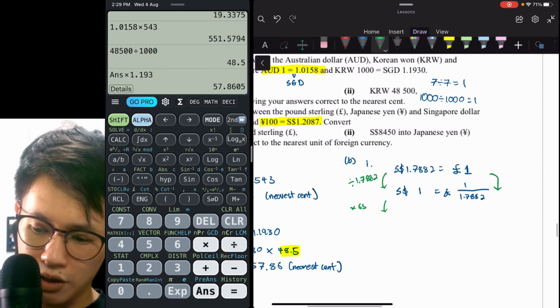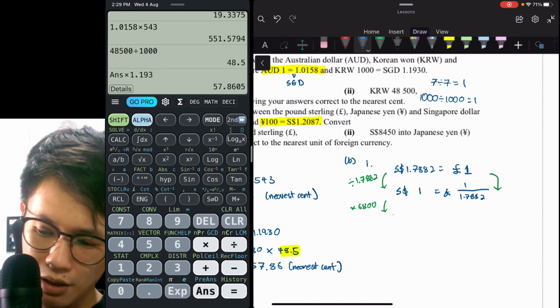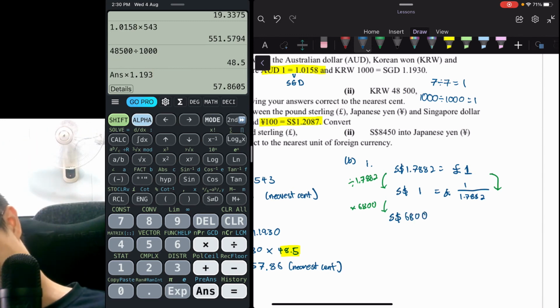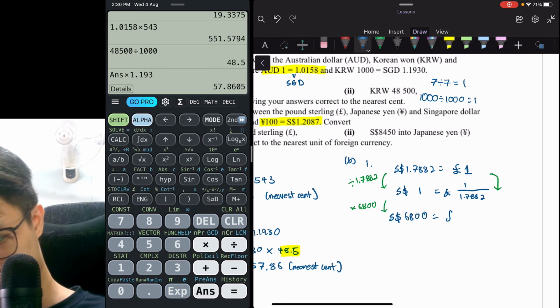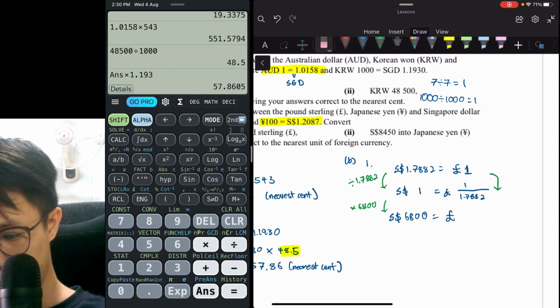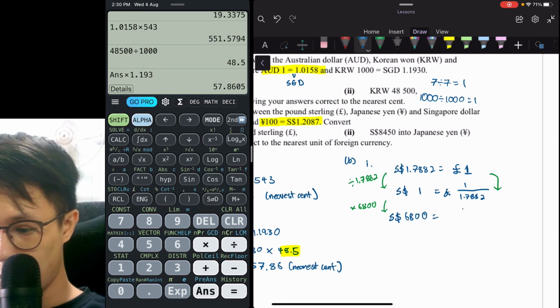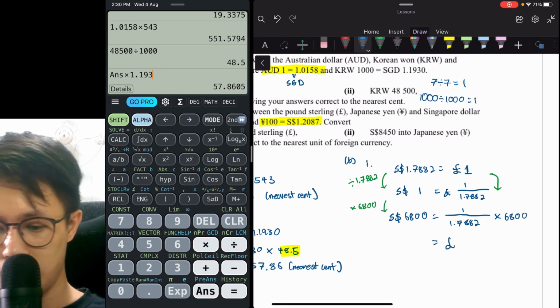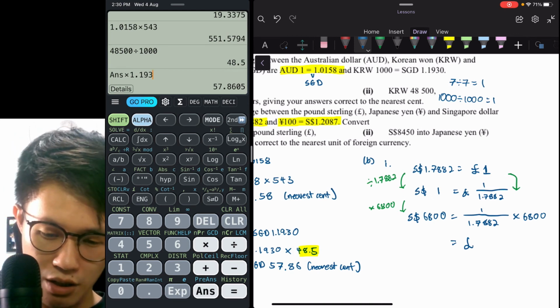Now from here, it's actually very easy to calculate 6,800 Sing dollars. In this case, it's just a multiplication of itself, 6,800. So we'll do the same on the opposite side. So we have 1 over 1.7882 times 6,800. And this should give you your answer. We want to convert to the nearest unit of foreign currency.